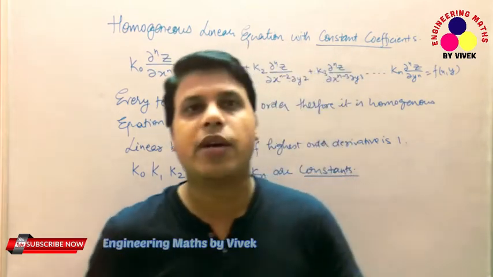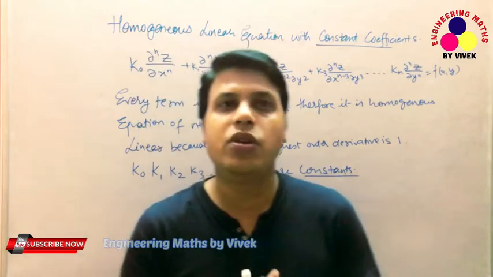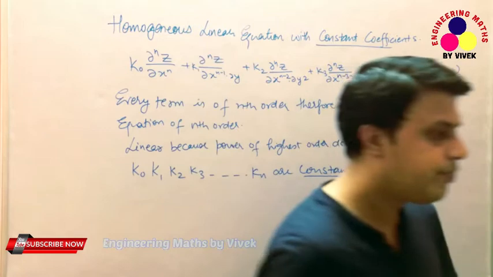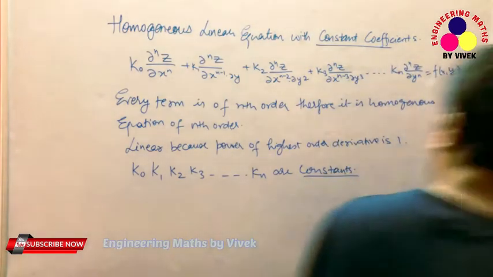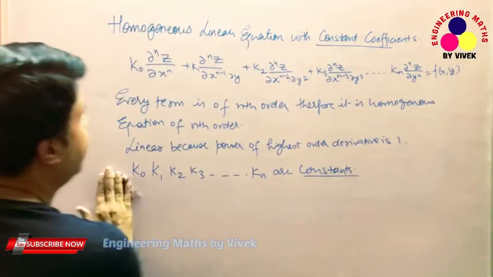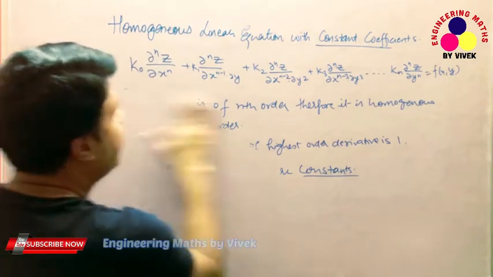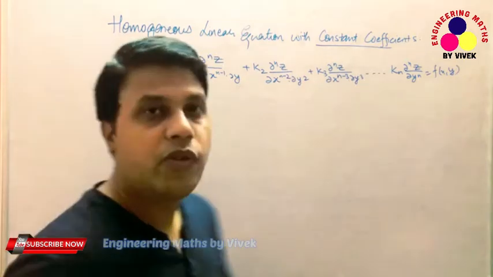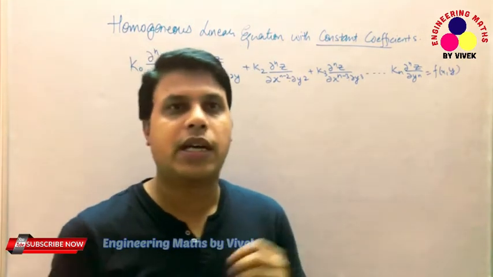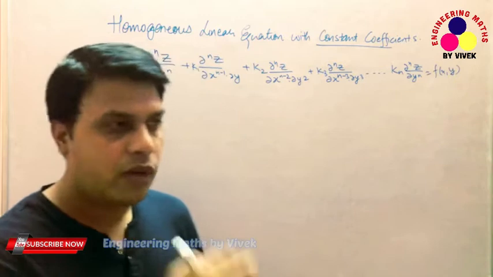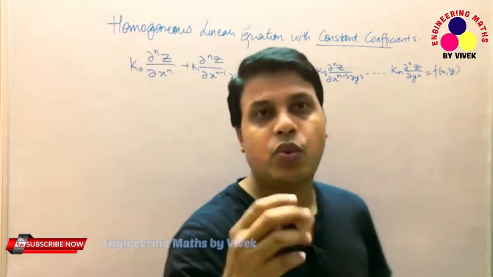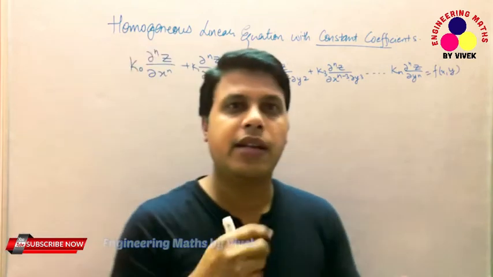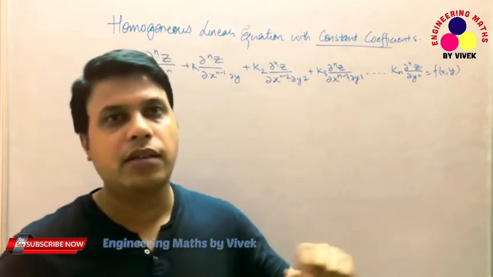Now we are moving further, and I'm going to talk about how we can solve homogeneous linear equations. Before jumping to the solution, one more thing I want to tell you: while solving a differential equation, to save some time, we write some of the derivatives in a direct form.